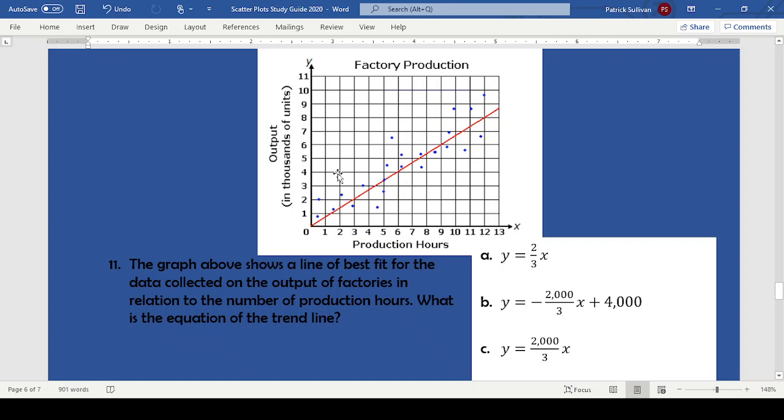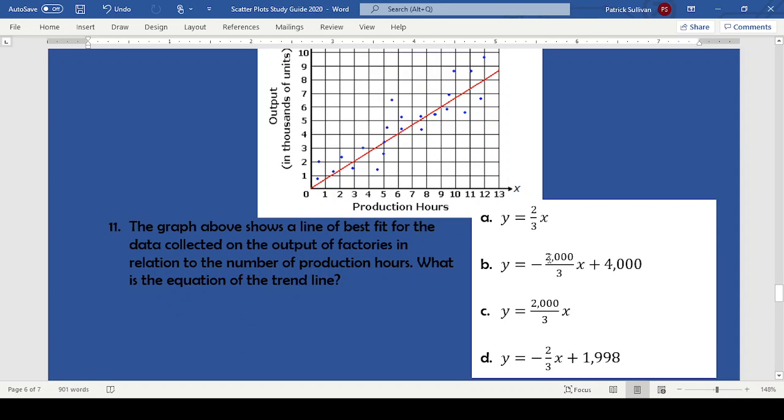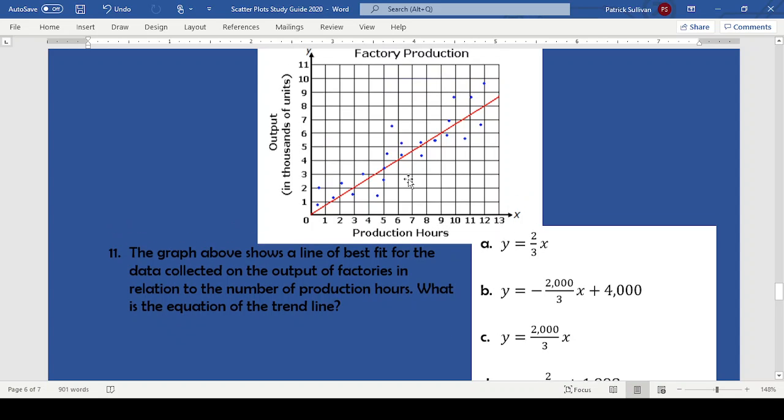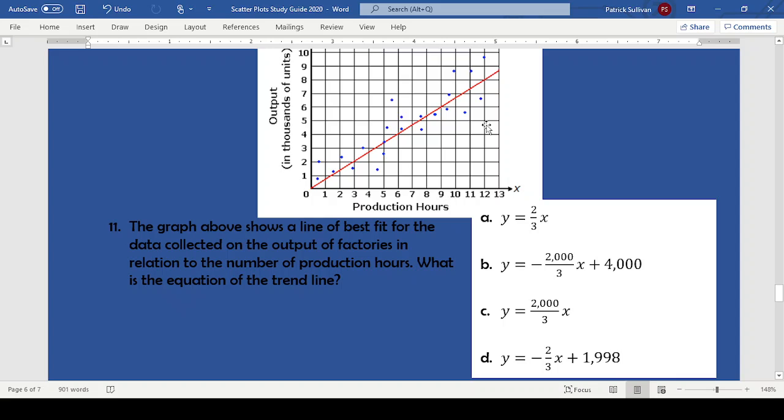So it's asking us to once again identify which one of these equations most closely resembles the equation of this trend line. Okay. And a big glaring red flag that I notice is my y-intercept is 0.